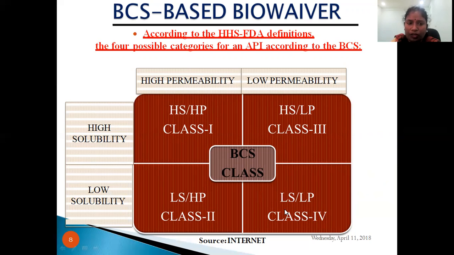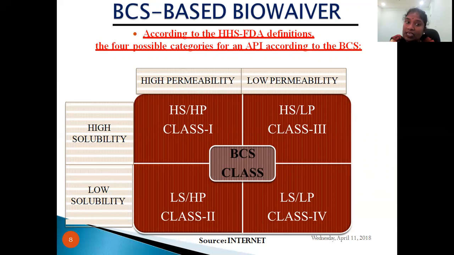In class 1 drugs, the main rate limiting step is dissolution. Dissolution is the rate limiting step. So what is a rate limiting step? For example, if you are running very fast, at some point you become very slow.